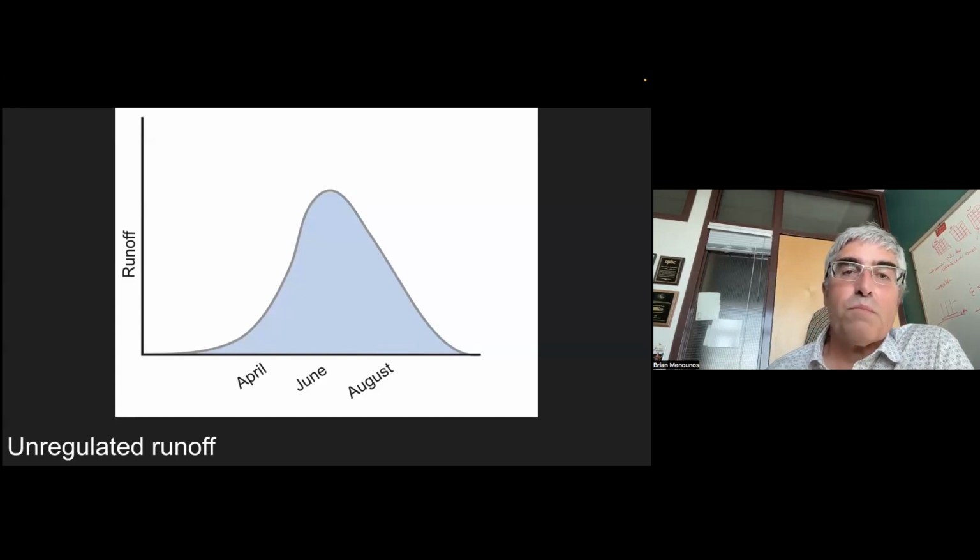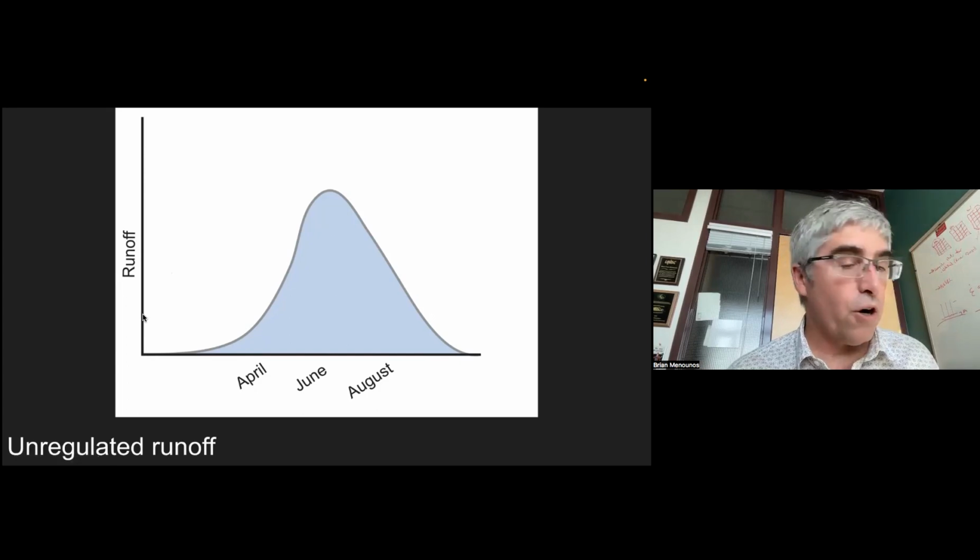Okay, let's consider a small headwater stream in Western Canada or any glaciarized watershed. And you can envision the hydrographs. So this is a little cartoon showing, just take runoff as the amount of water going through a river per unit time. If we wanted to get technical, we could call it discharge.